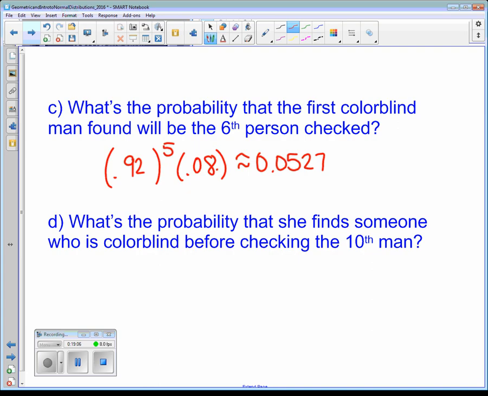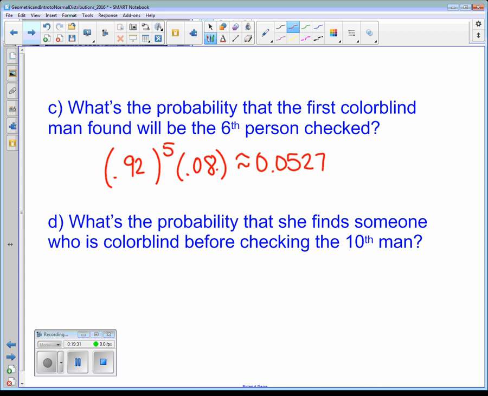All right. Letter D. What do you think? What's the probability that she finds someone who is colorblind before checking the 10th man? So, first of all, is it geometric?